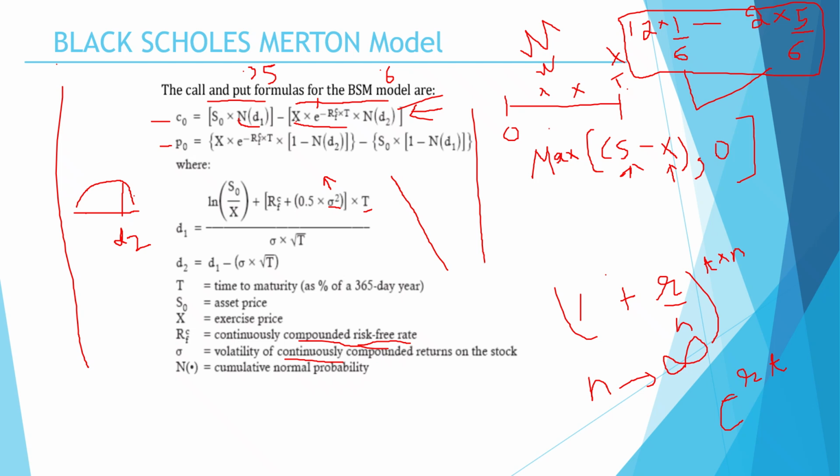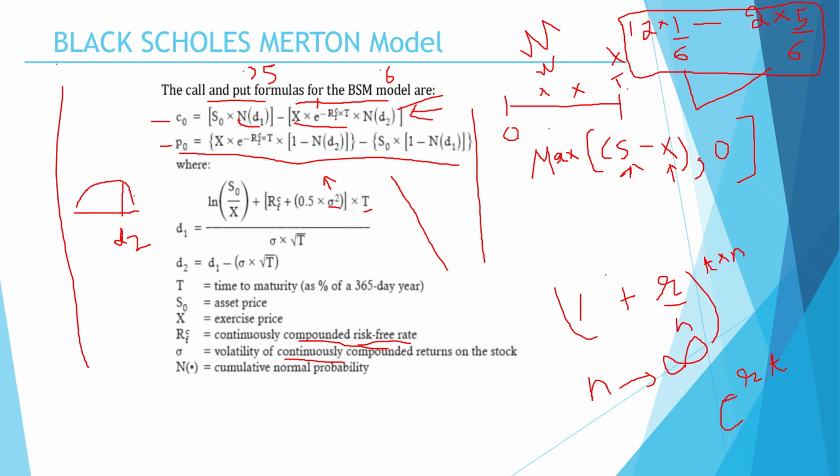Similarly, we can also evaluate the put option. So in the put option, we know that the value of the put option at maturity is X minus S. Here also we are applying the same logic.